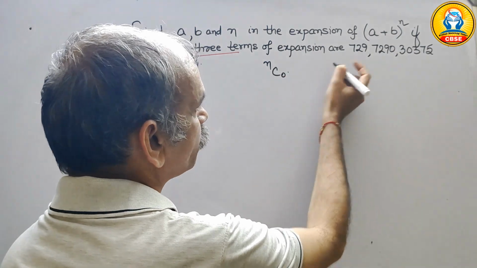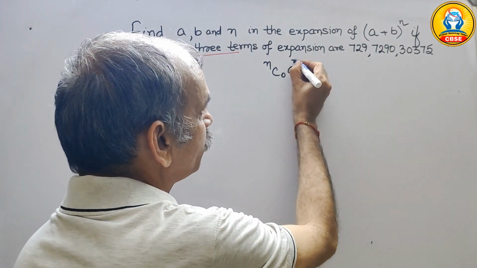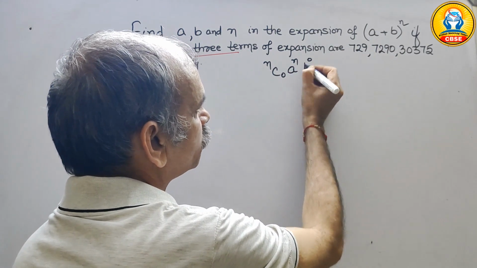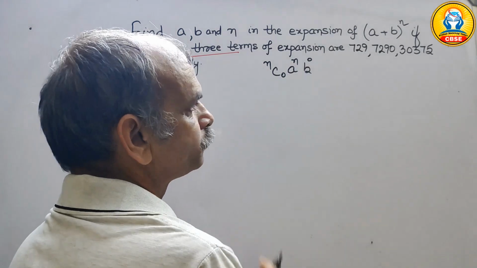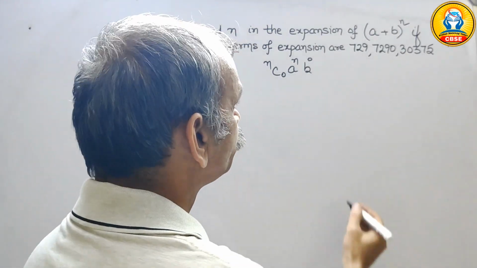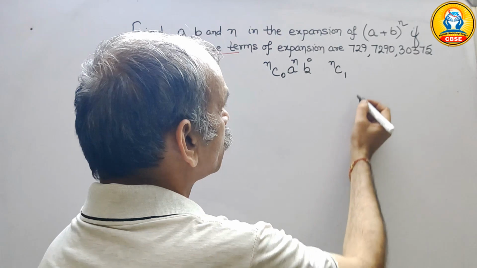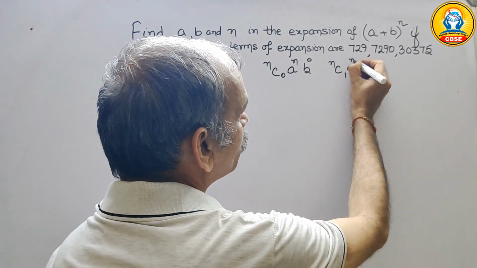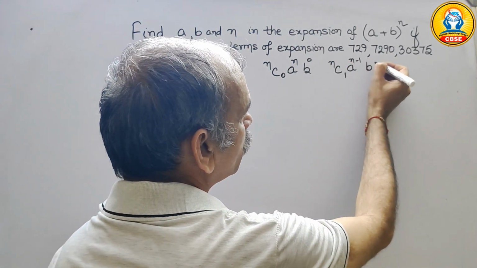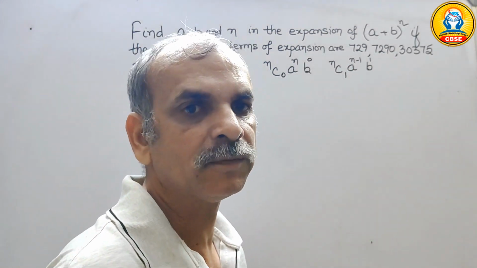Next comes your a to the power of n and b to the power of 0. This is your first term. The second coefficient is nC1, with a to the power of n minus 1 and b to the power of 1.